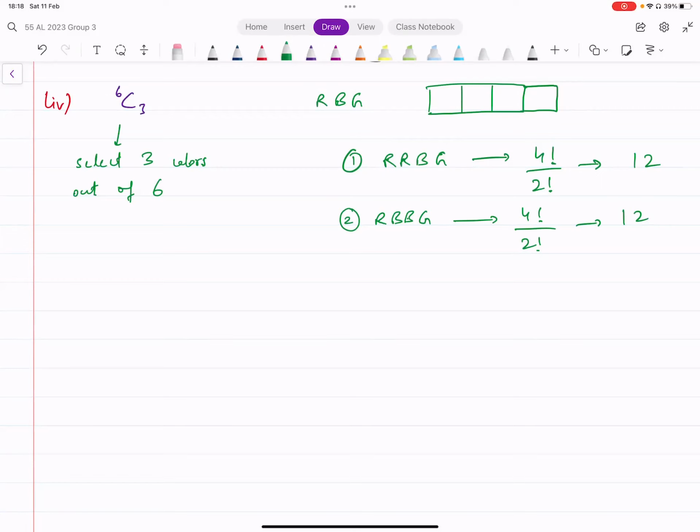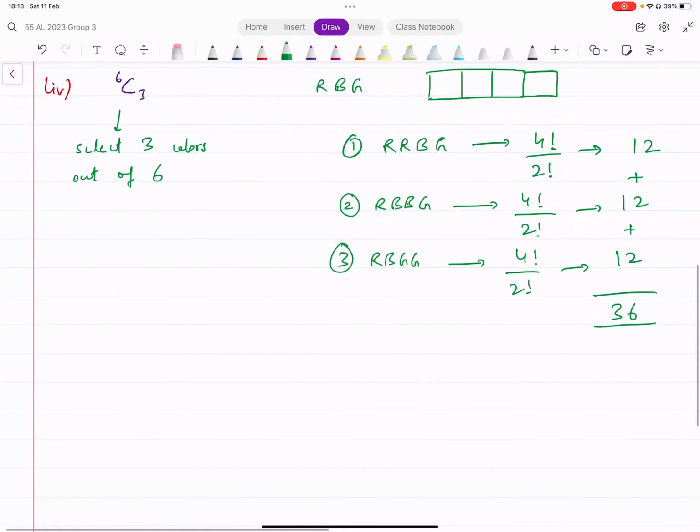All right. And then another possibility could be that you have R, B, G, and G. And that's going to give you 4 factorial over 2 factorial as well. And that's 12. So total कितने cases आपके पास बनेंगे? Total कितने arrangements बनेंगे? It's 12 plus 12 plus 12, that is 36.